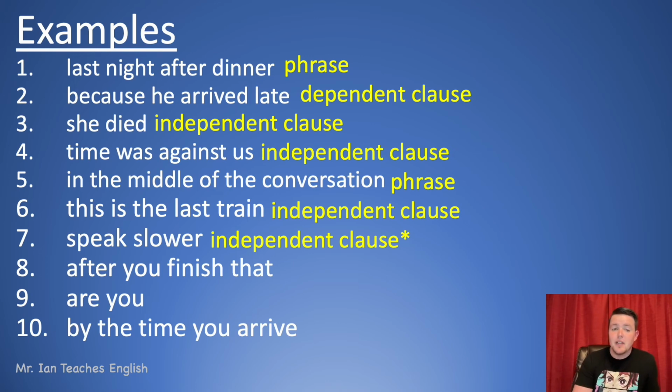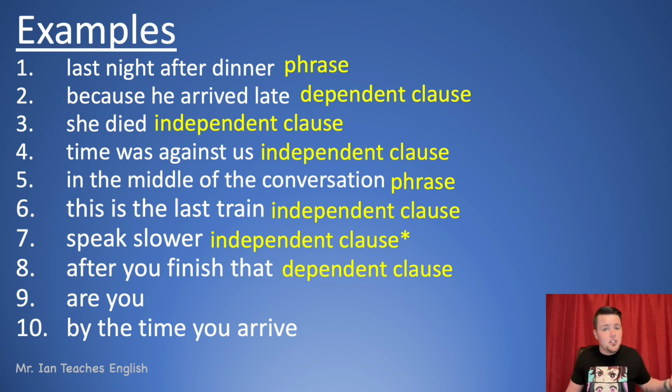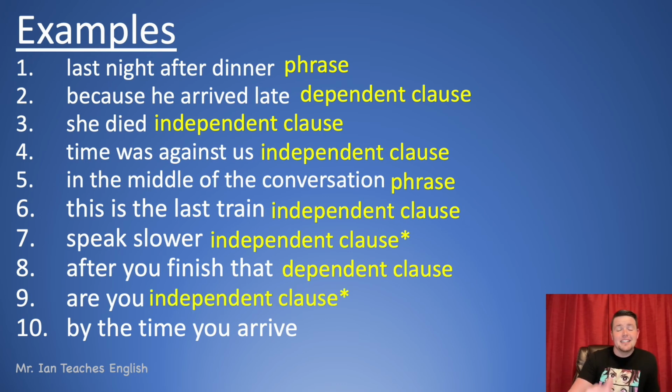Number 8, after you finish that, dependent clause. We have the subject, you, the verb, finish, but what happens after you finish that? There's more questions here. Number 9 is another one that I hope you got. Number 9 is an independent clause. You say, wait, what? Mr. Ian, where's the subject?